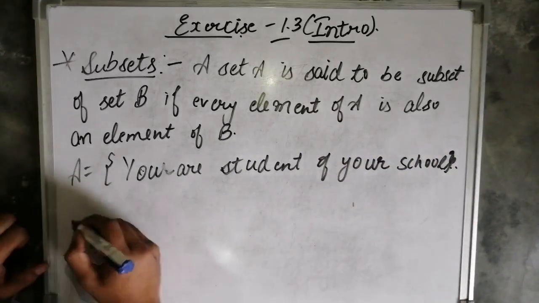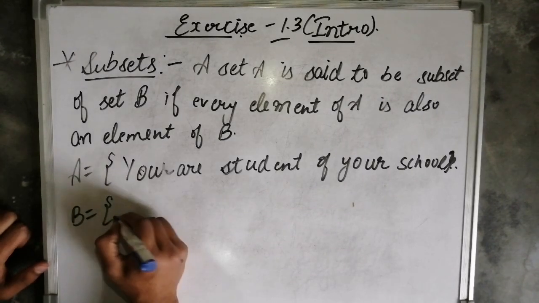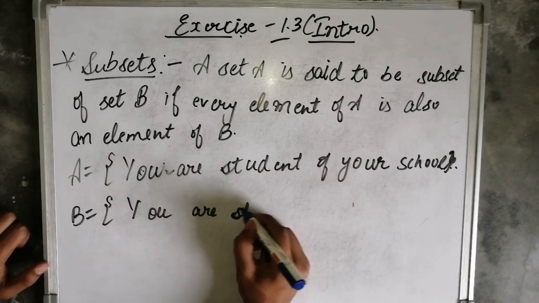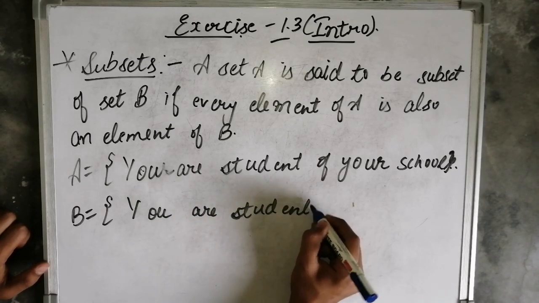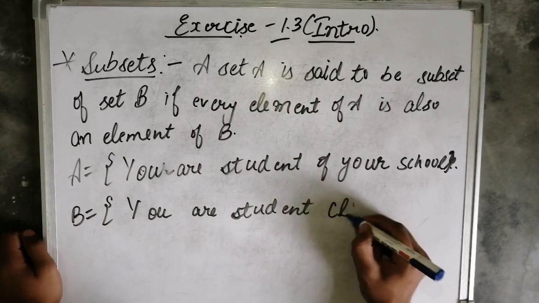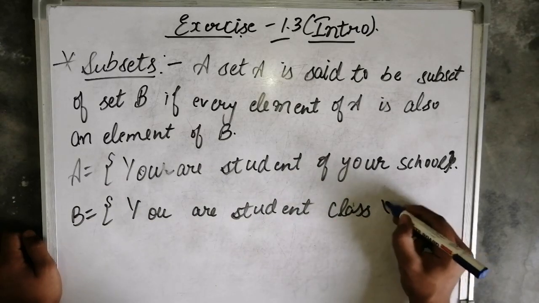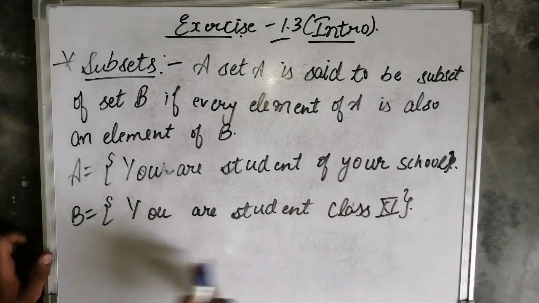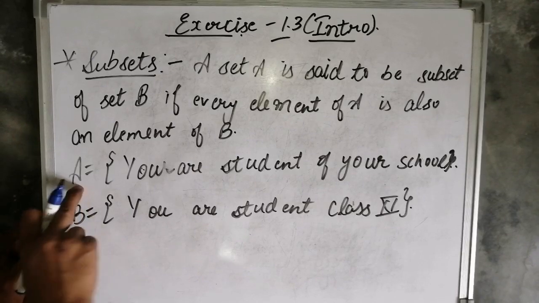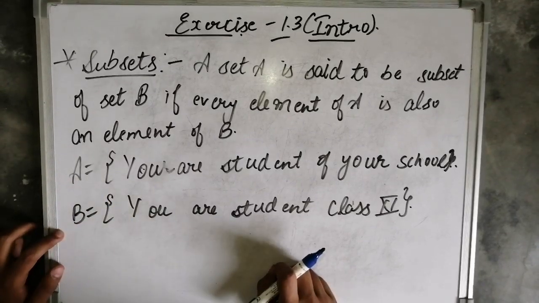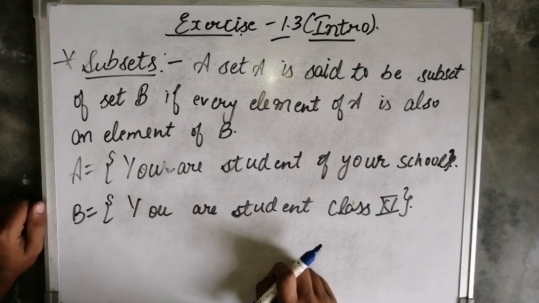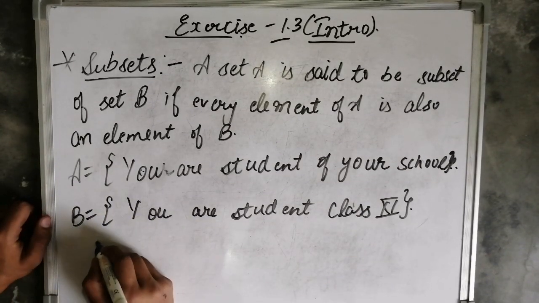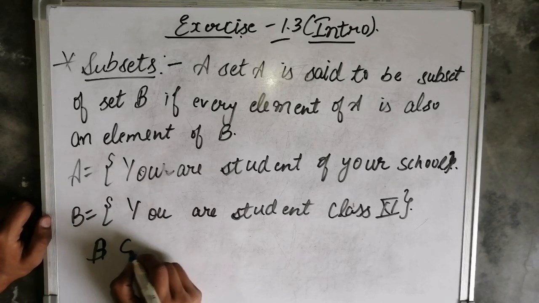And consider another set B, which states that you are a student of class 11. Now what does it mean? Is B a subset of A? Yes, because if you are a student of class 11, then you are studying in your school. Okay, then this is a subset. We can write it as B is a subset of A.